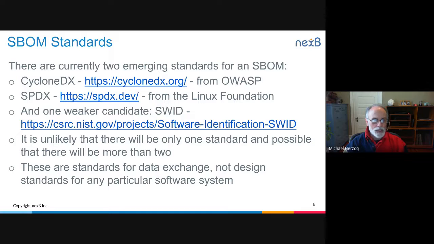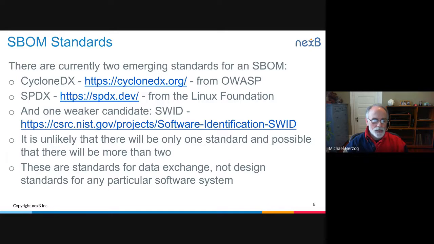These are the two real contenders. There is another candidate called SWID, S-W-I-D, which does actually have ISO certification and so on, but it's essentially a private standard used by a number of proprietary vendors for previous work with the government. It's unlikely to become a general standard because it's not well suited for use cases outside that narrow domain.